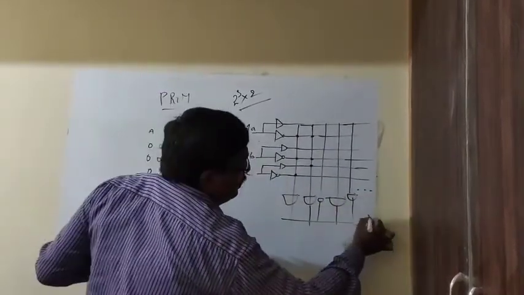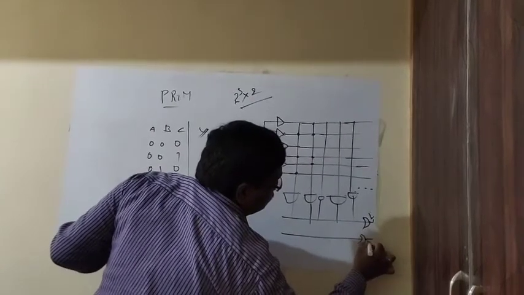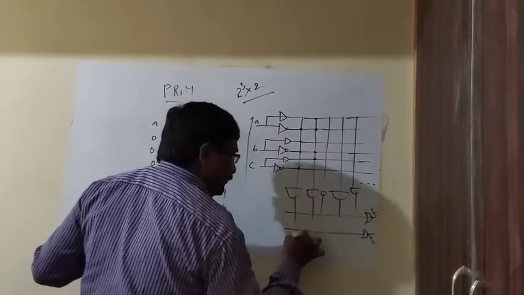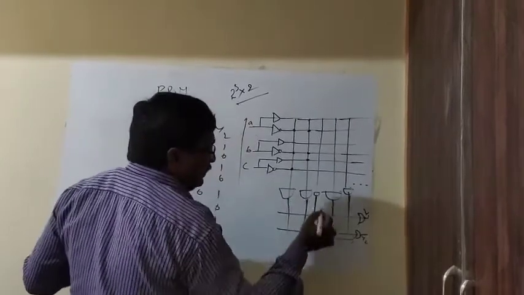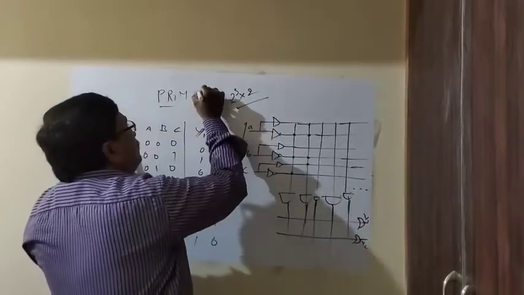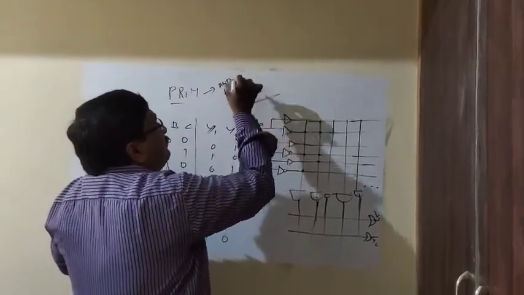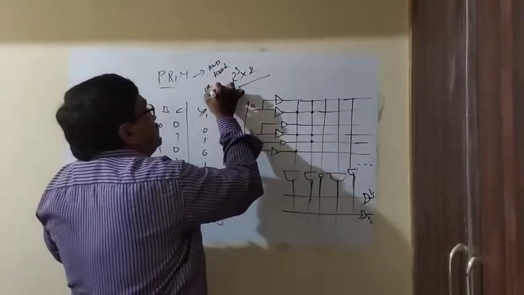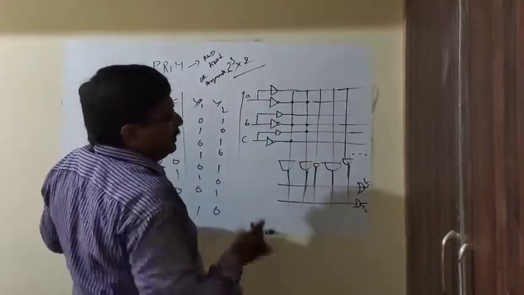So Y1 and Y2. And this connection is the fixed one, which is the input connection. I said a PROM has fixed AND functions, which can't be programmed, and OR functions are programmable, which allows changing the function of the device.